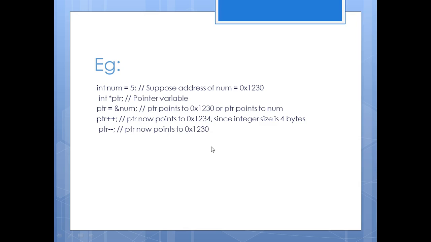It is incremented by 4 because integer is 4 bytes. And when we decrement the pointer, pointer--, the pointer now points to 0x1230 from 0x1234. 4 bytes are decremented here.